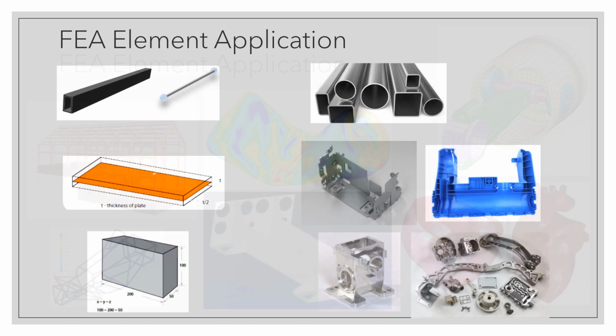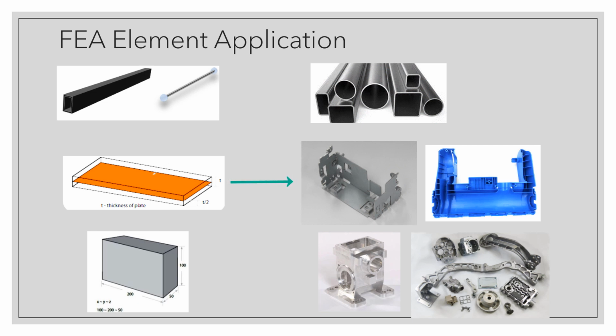So, to sum up the application of elements, if the problem deals with hollow structures, concrete beams, or anything long and slender, it is advisable to use 1D beam elements. If the problem involves thin geometries that have constant thickness throughout, then use 2D shell elements, as this best represents the geometry.